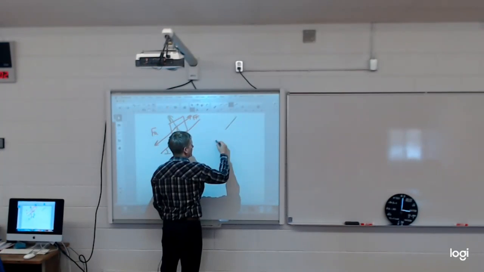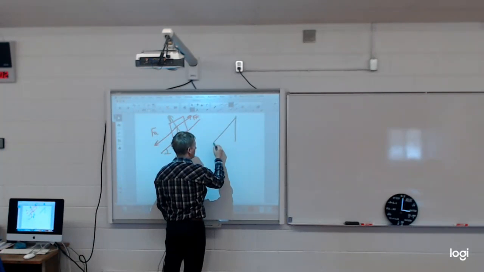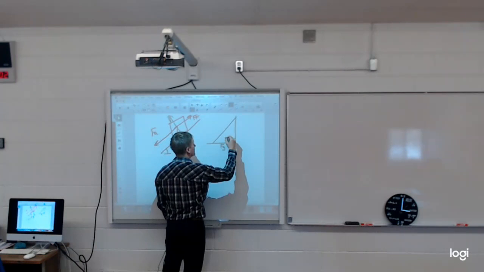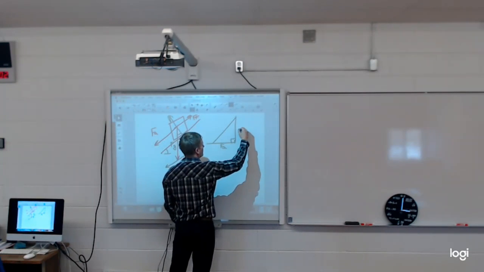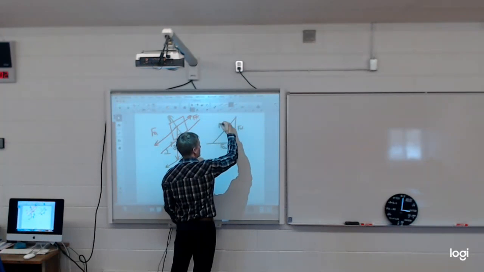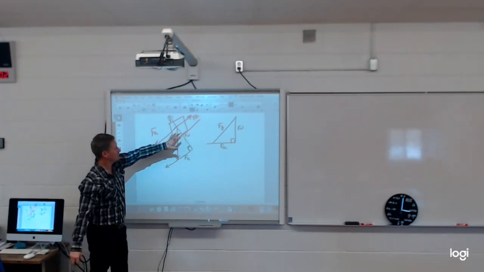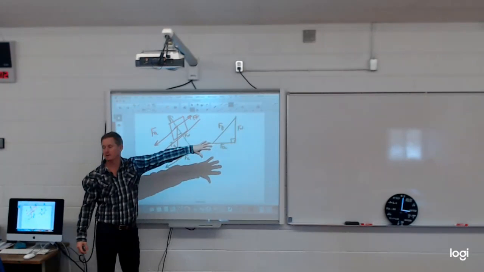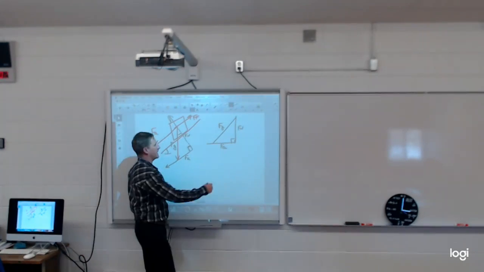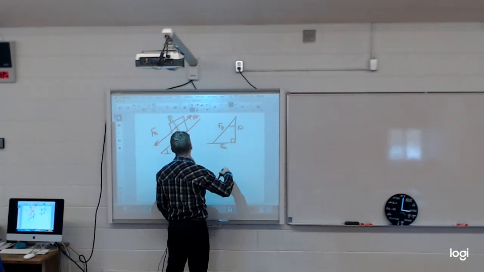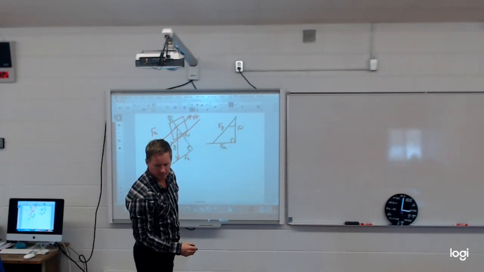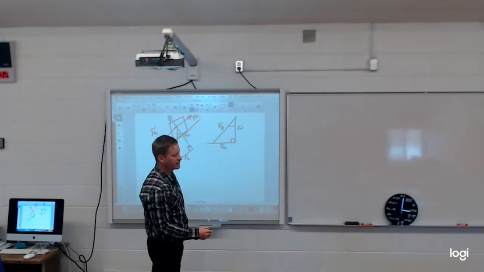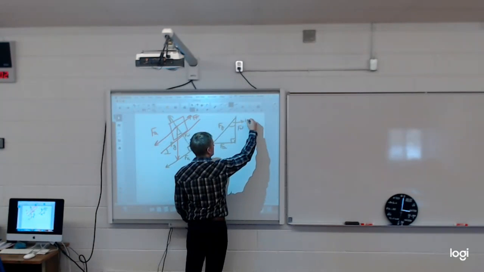Remember what I did the other day? I drew it out like this: force applied, force normal, force of gravity. All I did was rotate this and stick it there so I can see it easier. What's the angle of that slope in the question? 15 degrees.